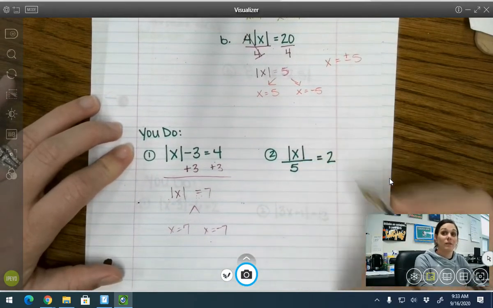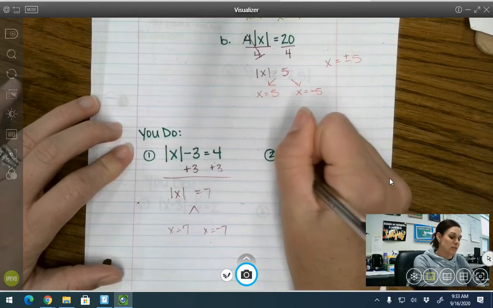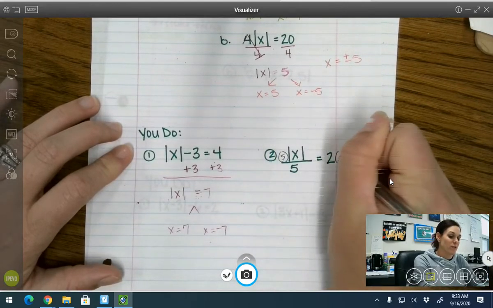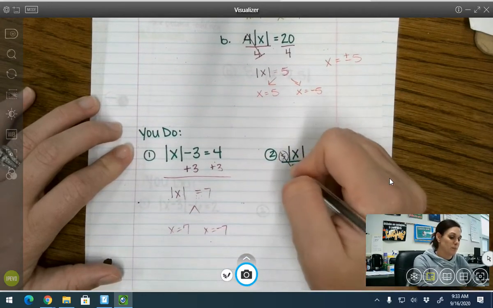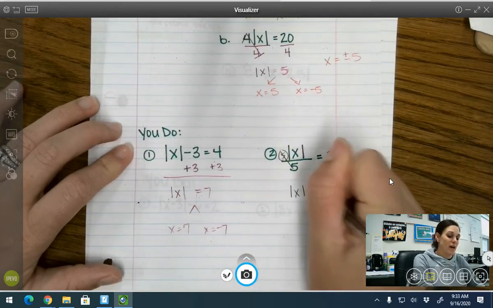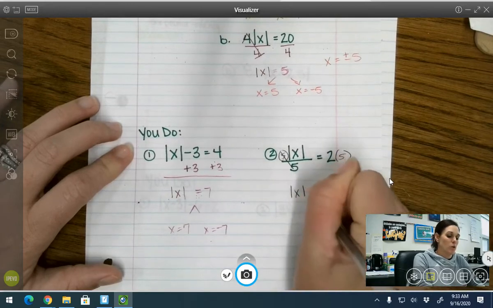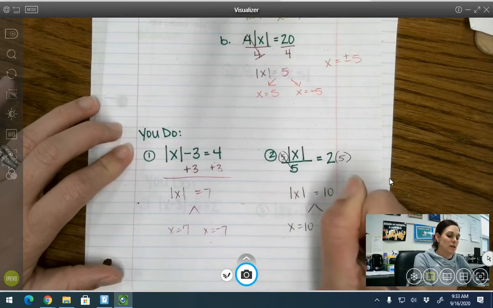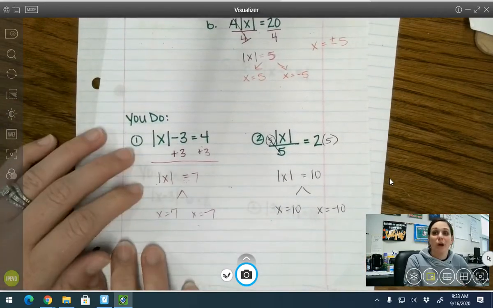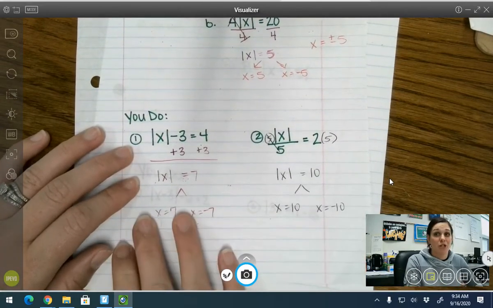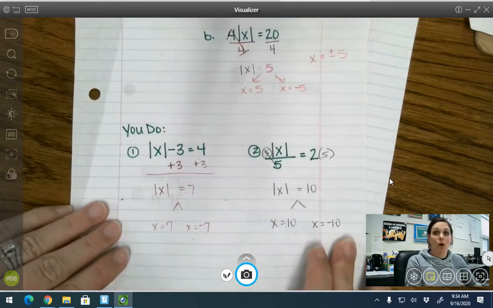All right, here I would have had to multiply both sides by 5. I encourage you in your work to make sure you're putting that 5 in the numerator. So here we get the absolute value of x equals 10, which means we get x equals 10 and x equals negative 10. All right, so if you have any questions or comments with this, make sure you're letting me know, and I will go through your things.